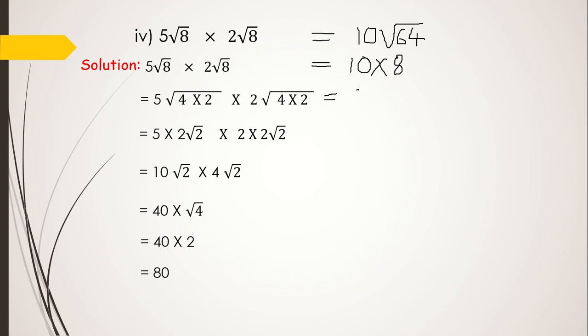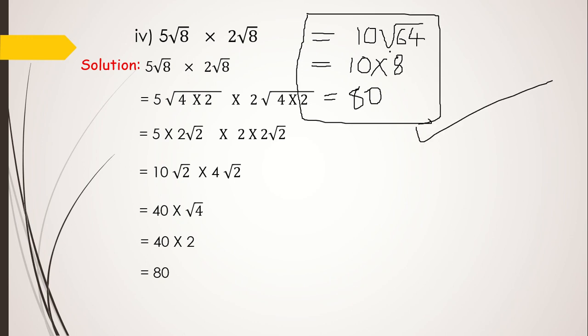And 10 8s are 80. So I think this method is shorter method. You can follow this one. Right? This method is shorter method. 5 2s are 10. 8 8s are 64. And root 64 is 8 we know. 10 8s are 80. That's it. Okay.